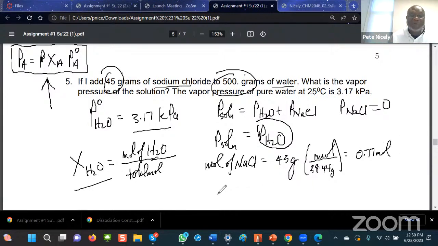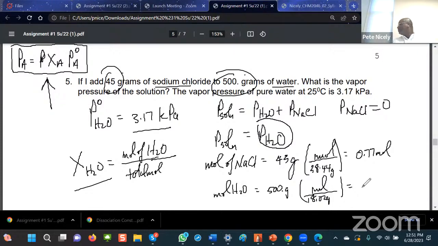And then we do the same thing with water. Moles of H2O would be equal to the gram, which is 500 grams, multiplied by 1 mole over 18.02 grams. And that is equal to, according to my calculations, 27.7 moles, right? So the total moles would be the sum of those two, which is equal to 28.5 moles.